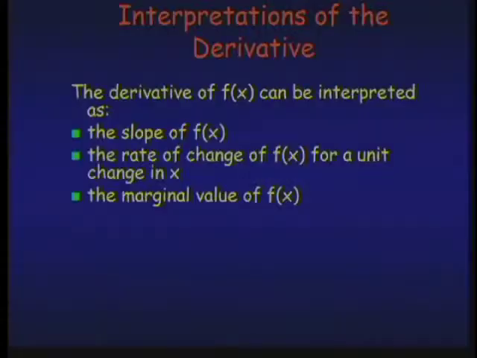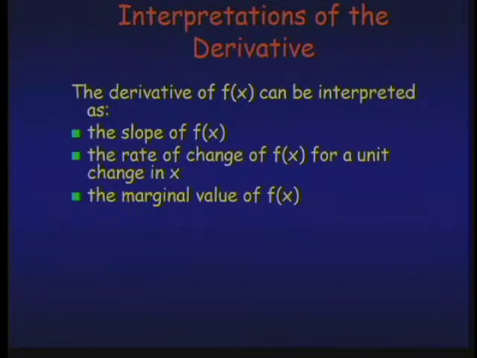So that derivative, I just gave you all the different notation. Its interpretation is always as the slope. It's the slope of a function f of x. Now, in particular applications, you might interpret it as something slightly different. It's still the slope. You might think of it as the rate of change of f of x for some unit change in x. That really is the slope.